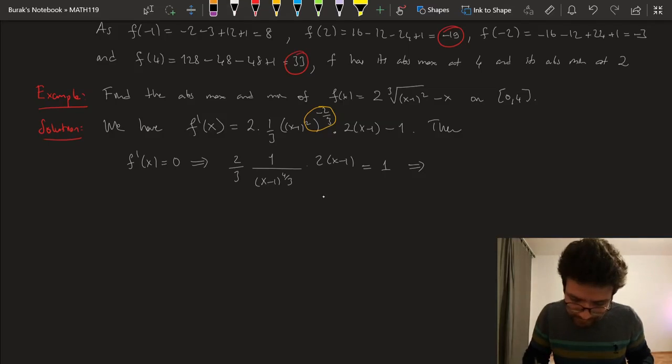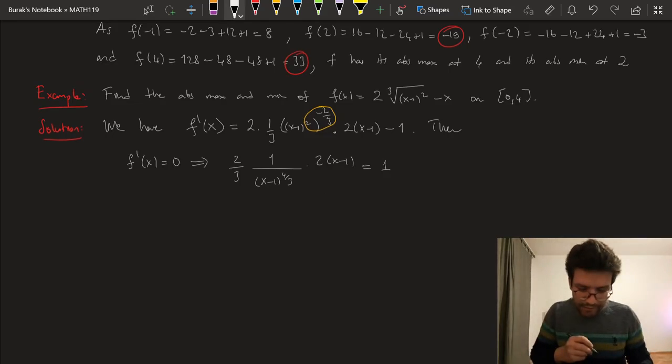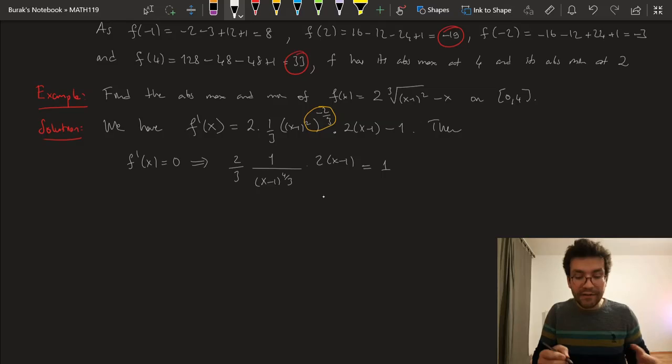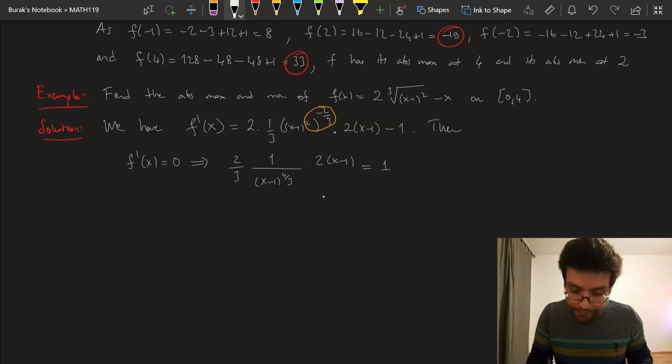Now, this is the derivative, and if you set this to 0, you get this. Now, I'm going to multiply both sides by x minus 1 to the power 4/3, but in order to be able to do that, I need to know that this thing is not 0.